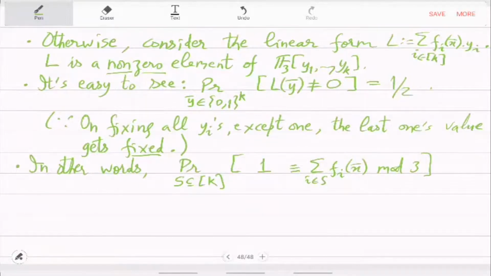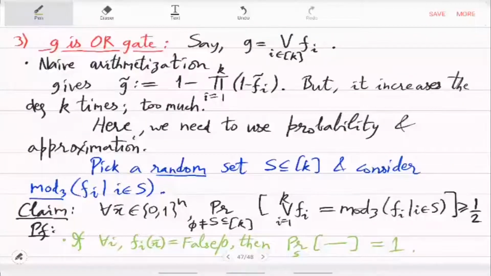This is at least half, which is what we wanted to show. That's our claim. So for OR being equal to 0, probability is 1. OR being equal to 1, probability is at least half.